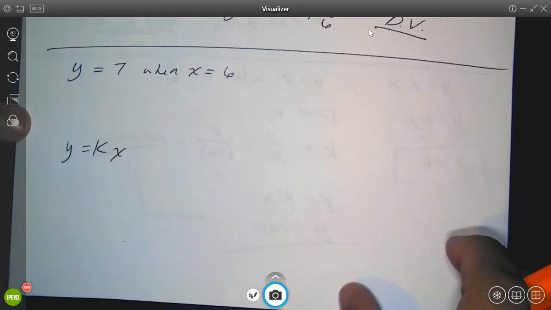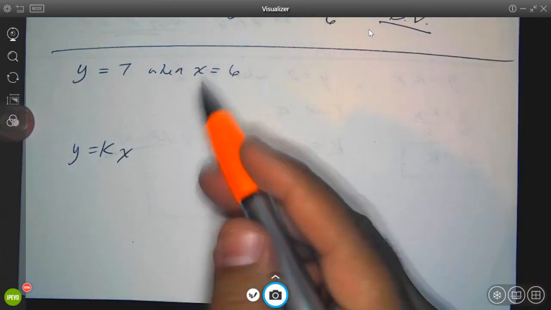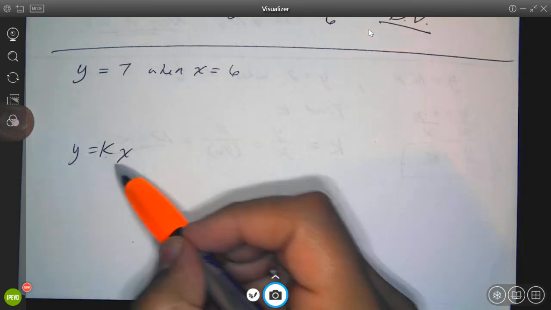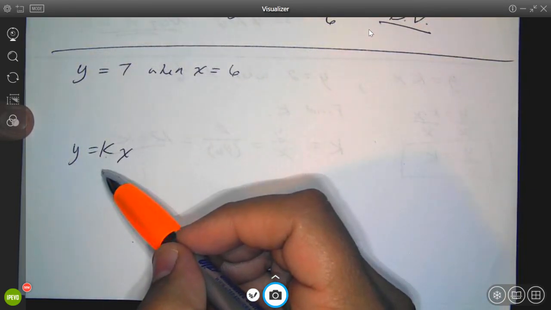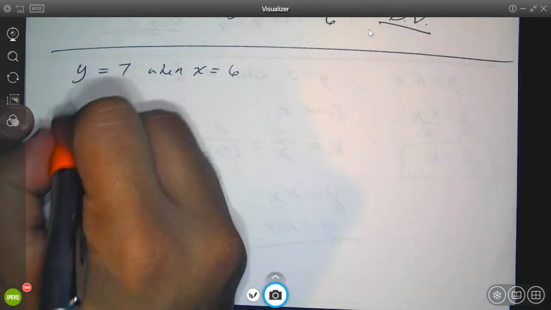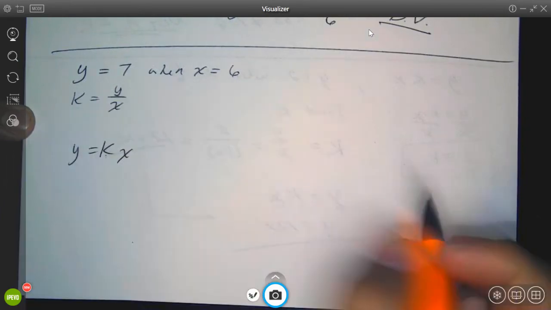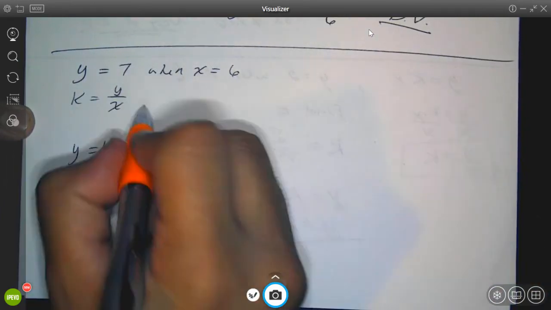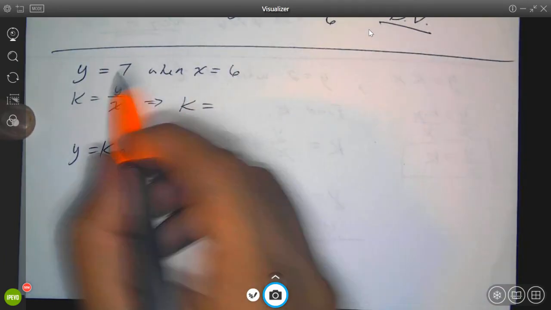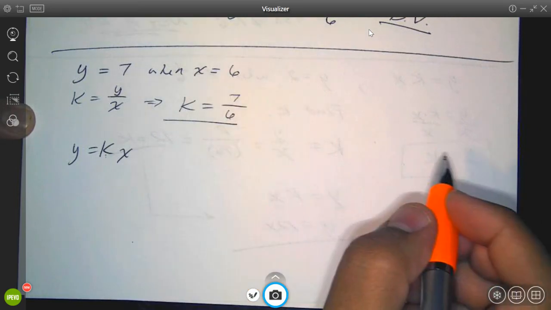Now, if you remember, we have a shortcut to find the value of k because they're telling me I can use the direct variation equation. K is the ratio of the output over the input. So to find the value of k, I just divide y over x. Y is 7, x is 6. There's my constant of variation.